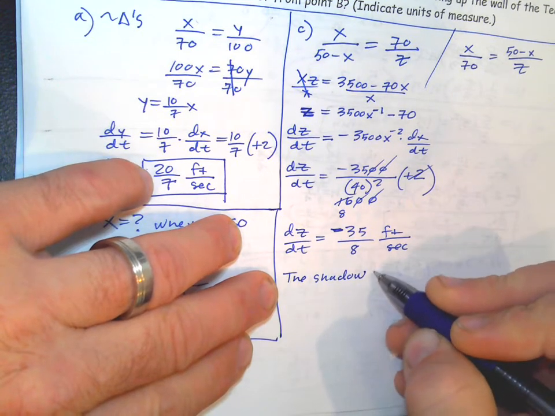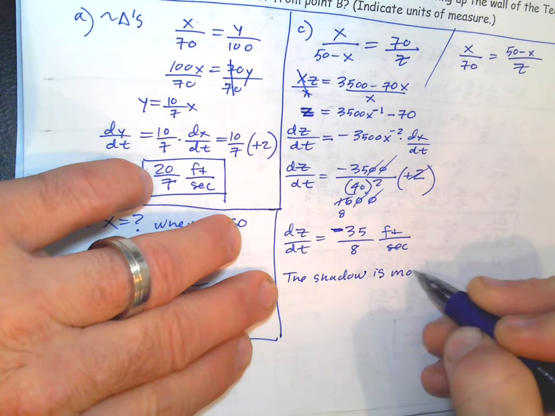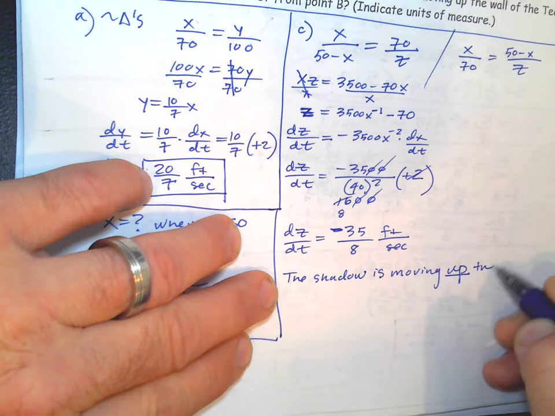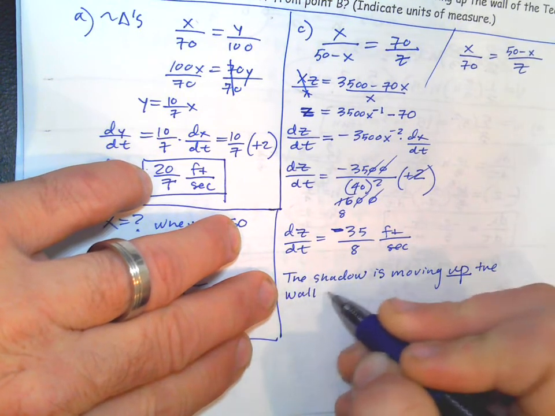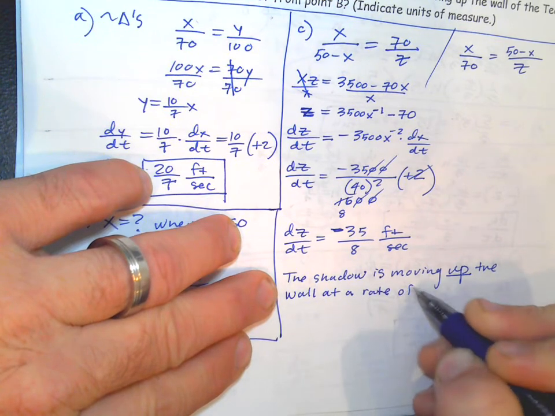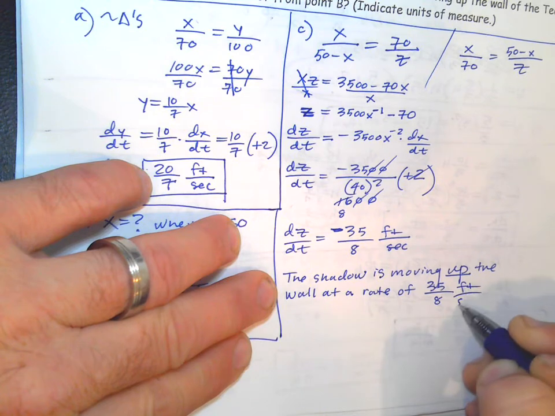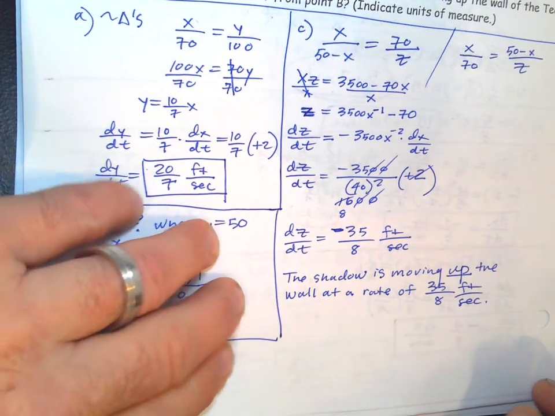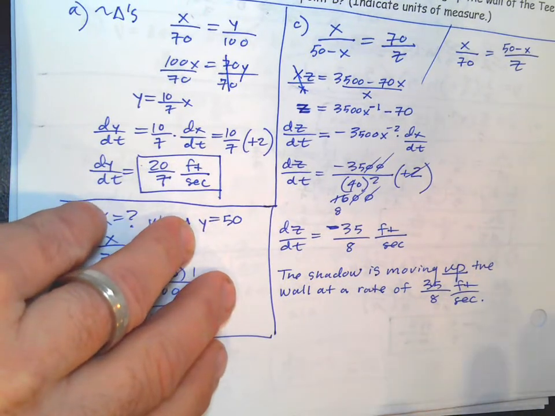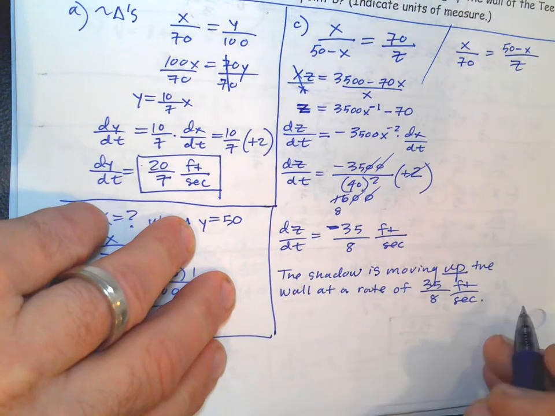The shadow is moving up the wall at a rate of positive 35/8 feet per second. Like I said, the letters we pick, where we put them, can change our answers, and so I think it's better to not have the negative.